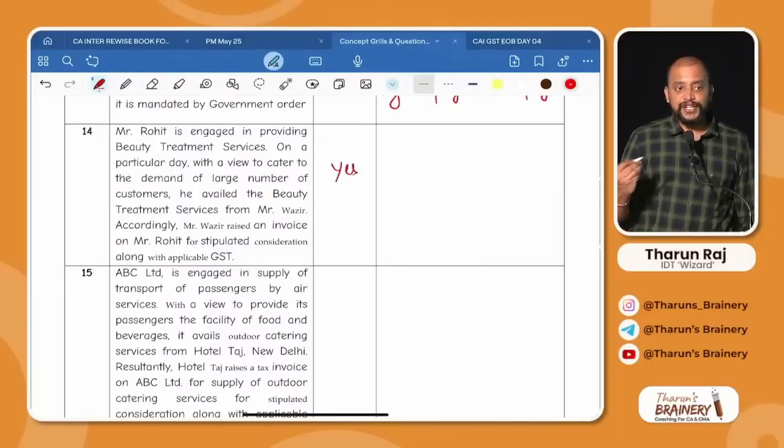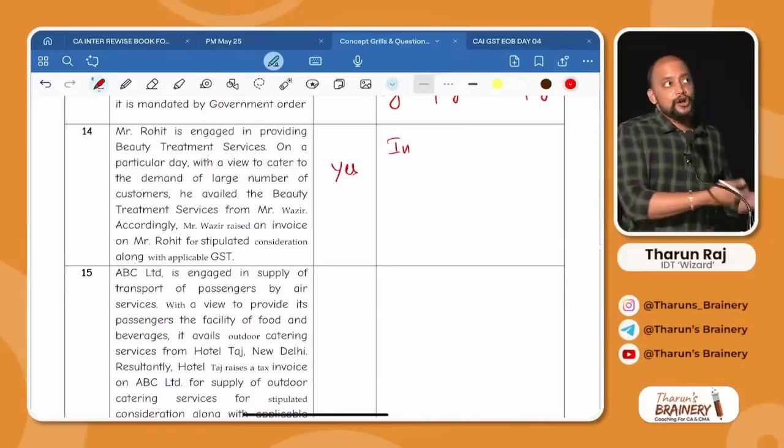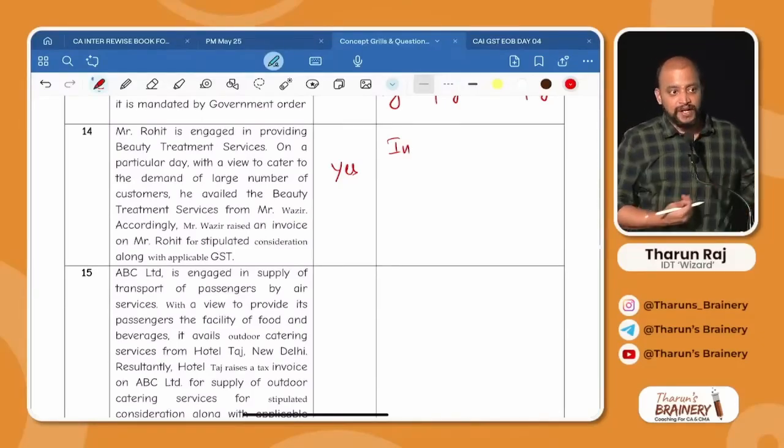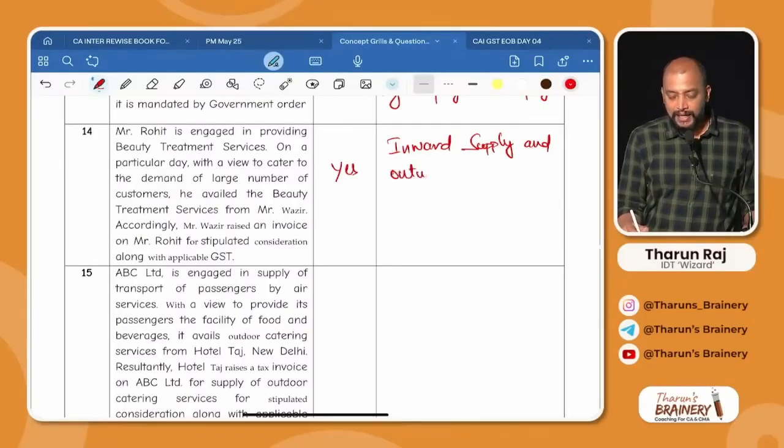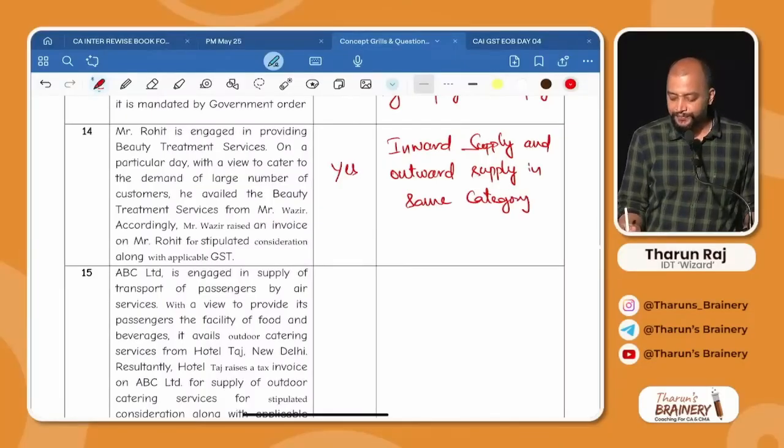Generally, beauty treatment is blocked credit, but if inward supply and outward supply are in the same category, then ITC is available. Because they are providing beauty parlor service, and they are also receiving beauty parlor service from another beauty parlor. So inward supply and outward supply are in the same category.